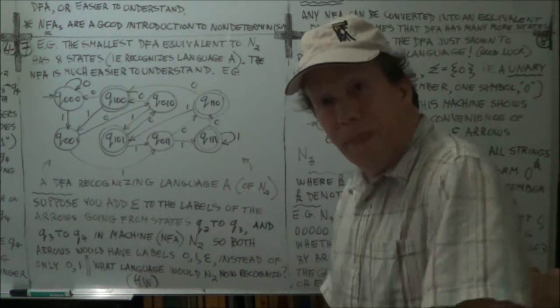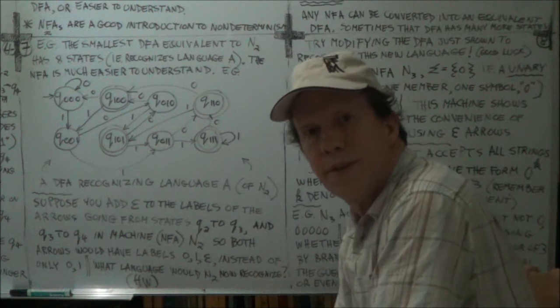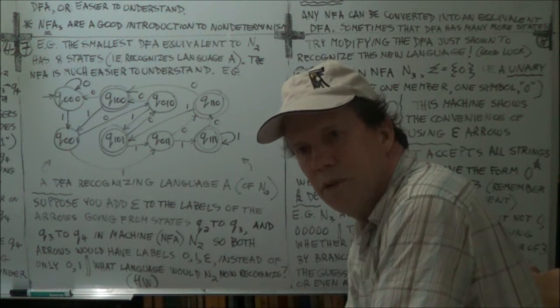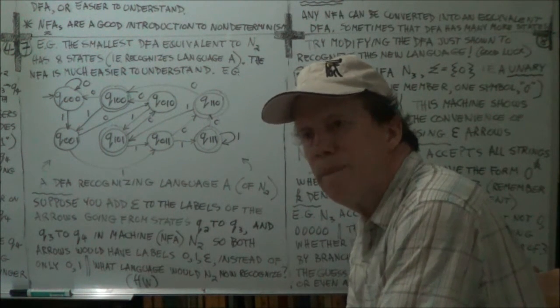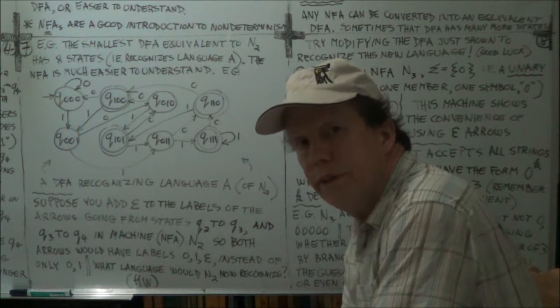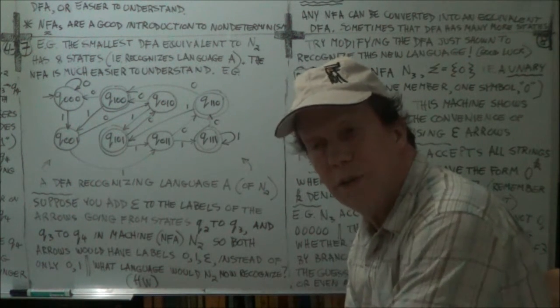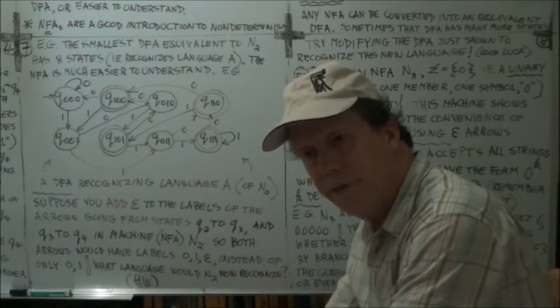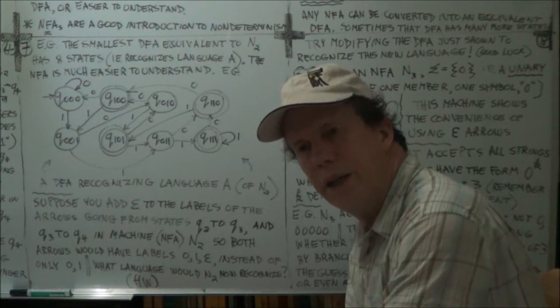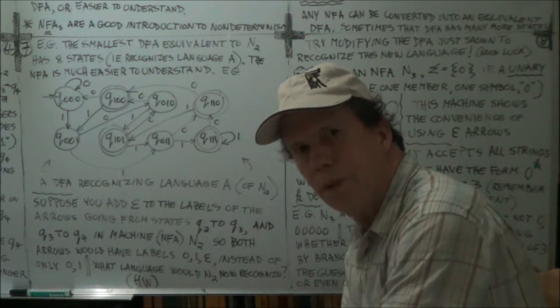Now in this session, one of the main points is to show you with an actual demonstration that often the equivalent DFA of a given NFA is a lot more complicated.